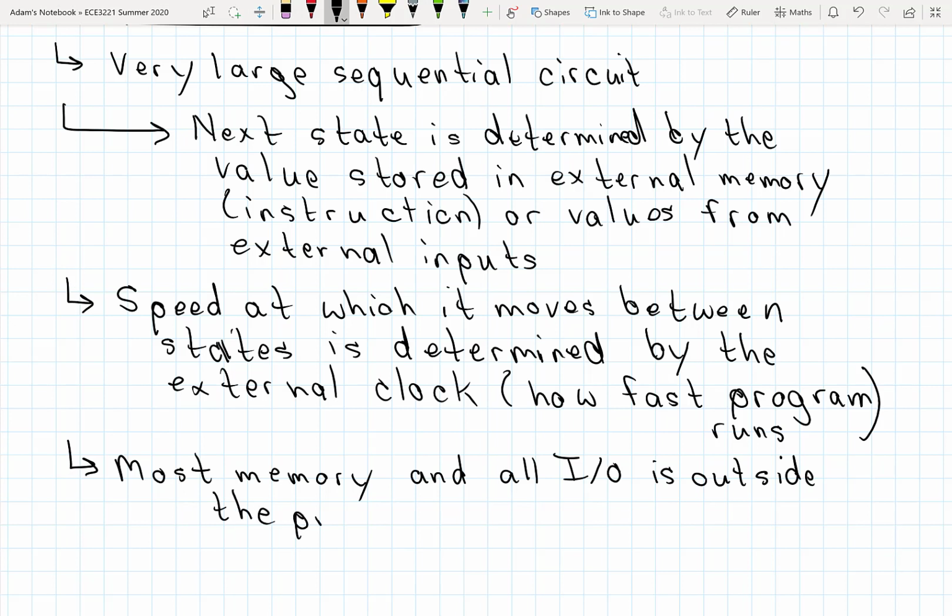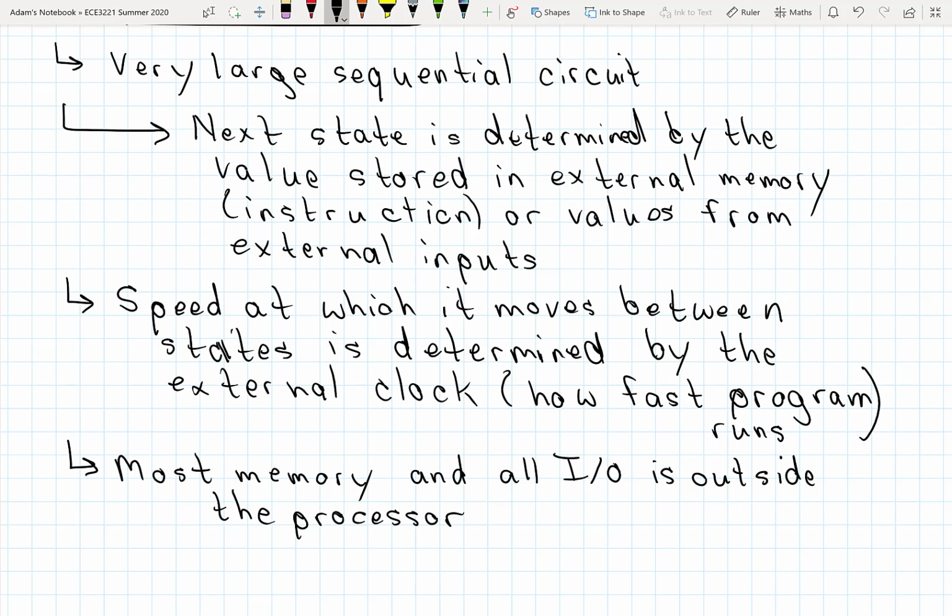Okay, the type of processor we've looked at has really only had registers as internal memory. It's often common for processors to have internal cache memory as well. We'll touch upon that just briefly here in chapter 5 as well.